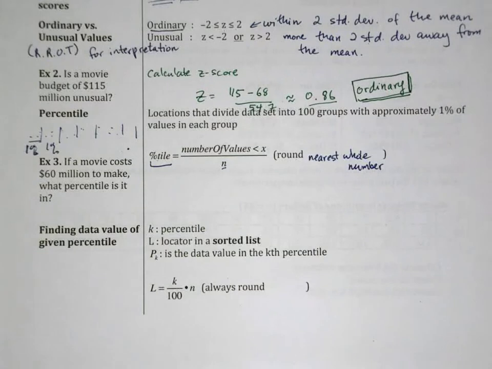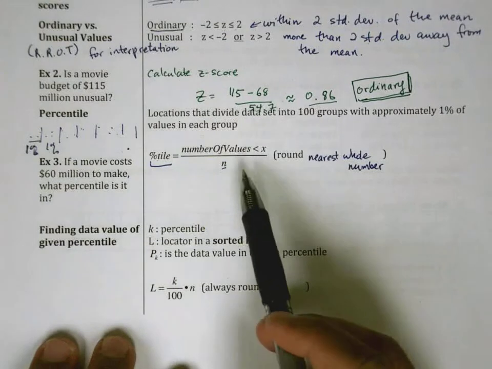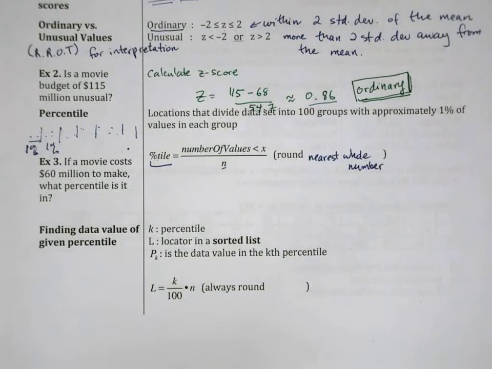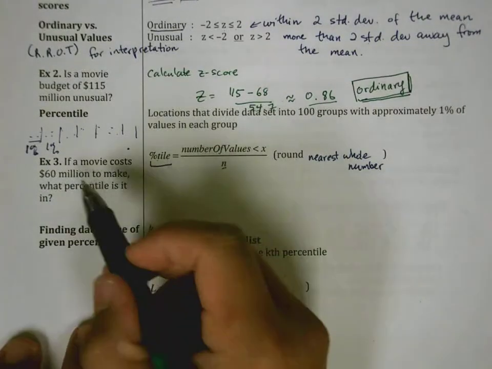There are different rules for different situations. There's a rule for rounding z-scores, a rule for rounding percentile, and a general rule for rounding any other statistics. So it might be helpful at this point to make a study guide of when to round and how to round. With that in mind, let's take a look at this example.